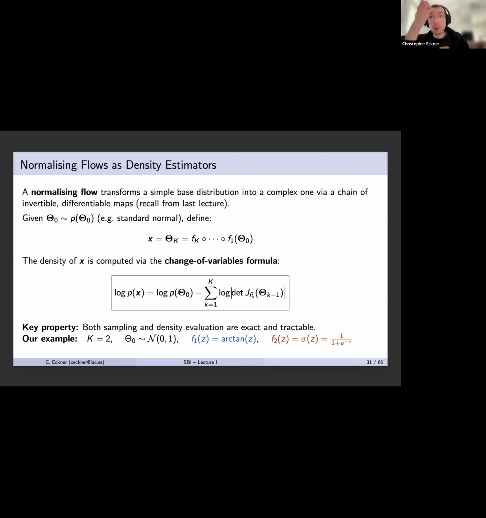This is kind of a bit of bookkeeping, and here it is necessary to stress the fact that you want to do this with functions that are invertible and differentiable. Differentiable, of course, because that's the whole point of your approach.